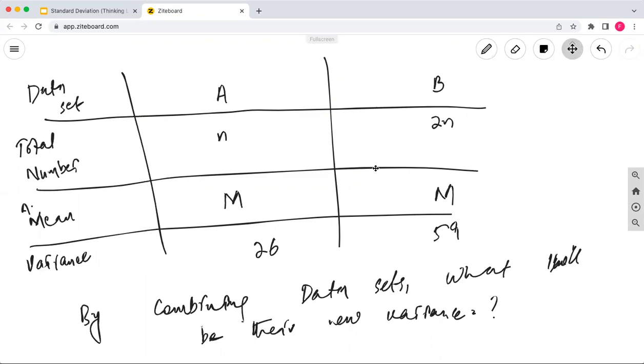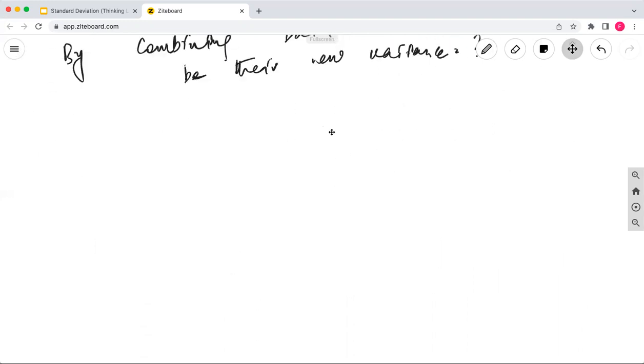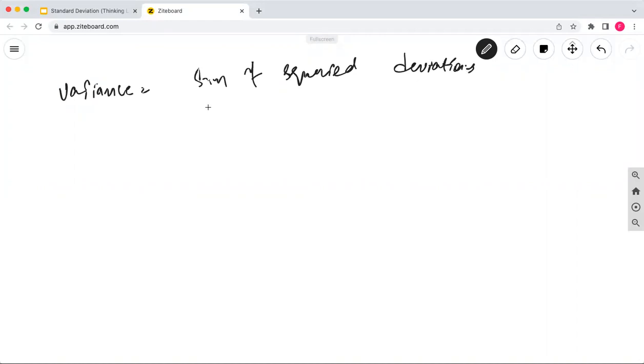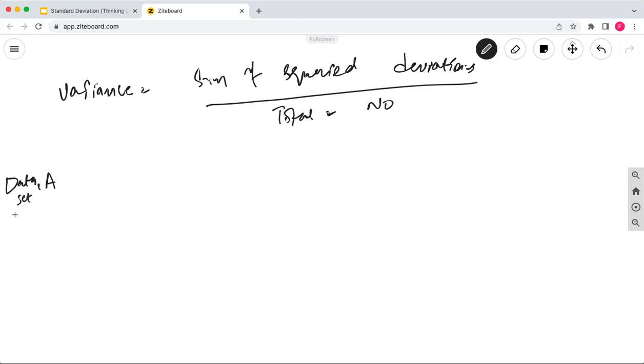Okay, now just think of this. First of all, our variance is equal to the sum of squared deviations divided by total number. Right. Now let's see the first data set A. We have total numbers equal to n, right?